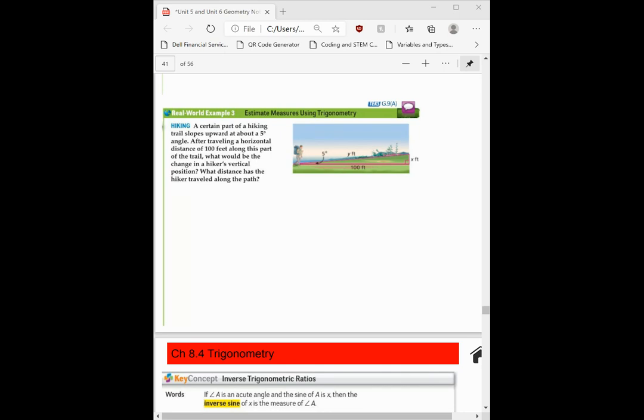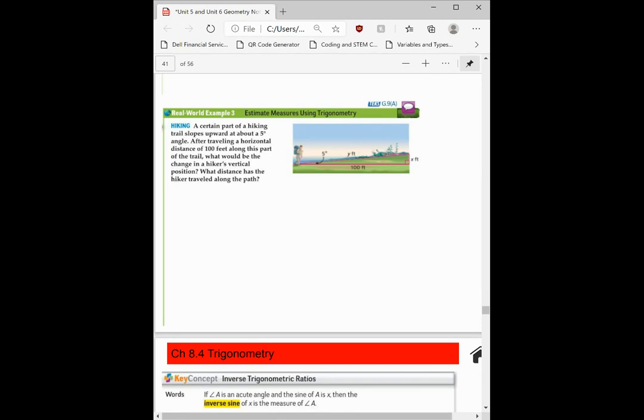So we're going to let measure of angle A equal 5. The vertical change in the hiker's position is x. So actually I don't need to write this because look, it's on the diagram. Vertical change is x. The measure of the leg opposite angle A, okay? The horizontal distance is 100. The measure of the leg adjacent to angle A.